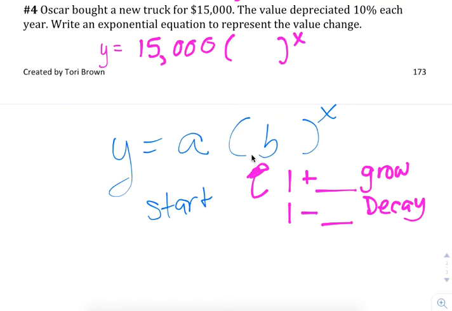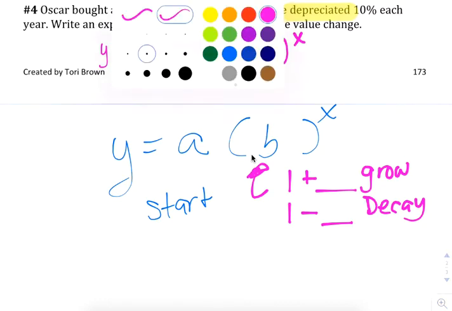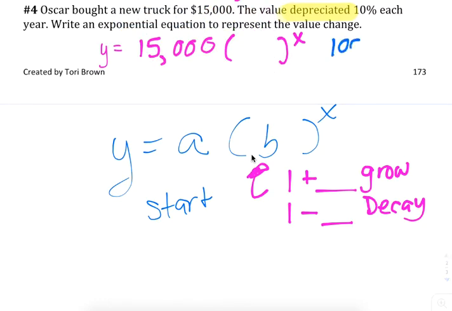This says depreciated. Depreciated sounds a lot like decay to me. Decrease, right? It went down in value. So if I think about it this way, I know 100% is 1. So if I were to take off 10%, that leaves me with 90%.